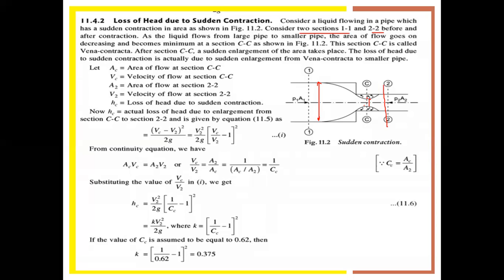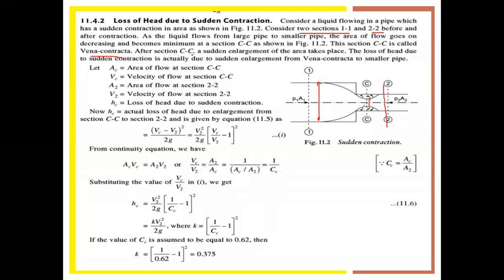Here at this point, the velocity of flow will become less and the pipe diameter will decrease, right? Then later at section 2, it is again regaining the shape, right? So this section CC is called the vena contracta.